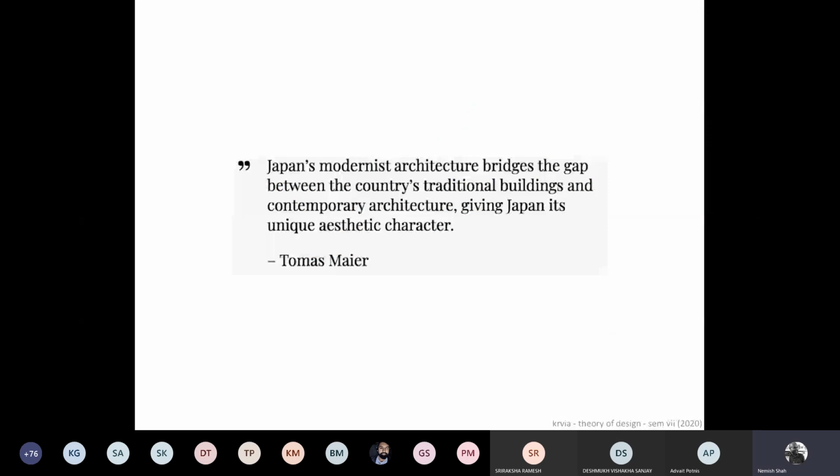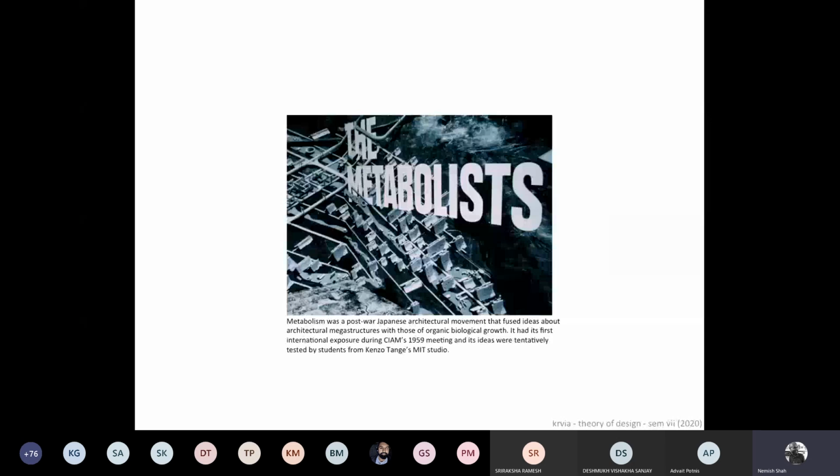his disciples, the next generation which comes after Maekawa, is very strong, and they are the metabolists actually. What the metabolists do is, instead of this machine aesthetic, machine functionalism, they take it, and this obviously comes from a deeper influence of Japanese-ness, where they talk of biological architecture or biological metaphors for building.